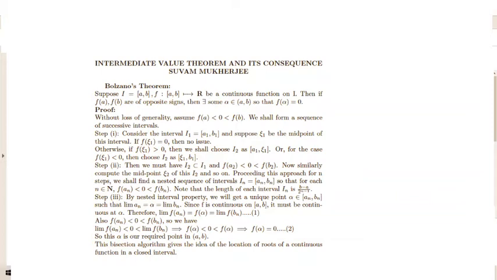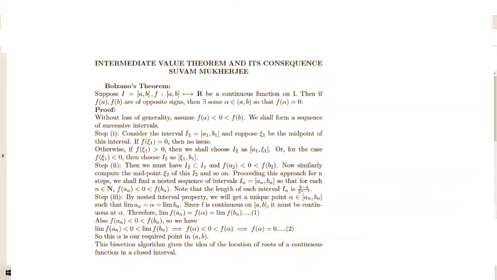So according to the sign change, we consider the subinterval. Then clearly we get some I2, and I1 is bigger than I2, and also f(a2) will be negative and f(b2) will be positive according to our assumption.